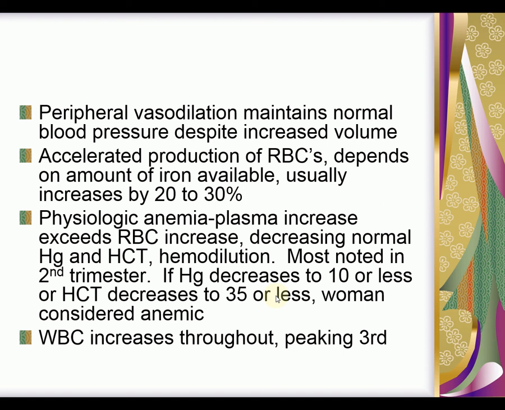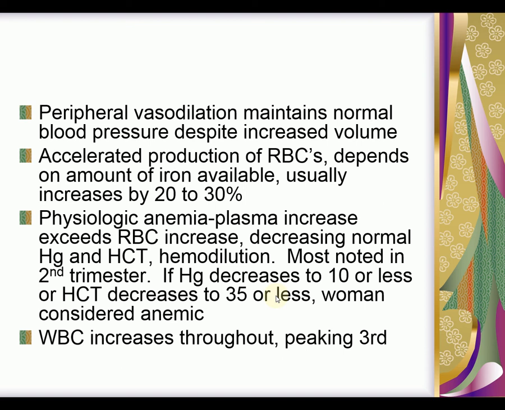Pregnancy is a time where you're going to see a lot of iron deficient moms. The physiological anemia of pregnancy is just like what I just said, put a little bit differently: the plasma increase is going to exceed the RBC increase.